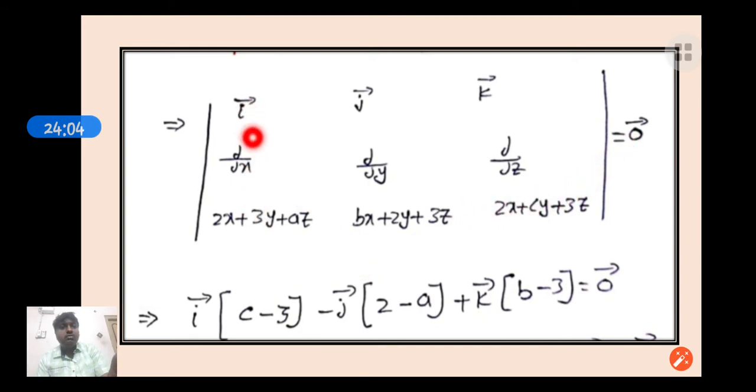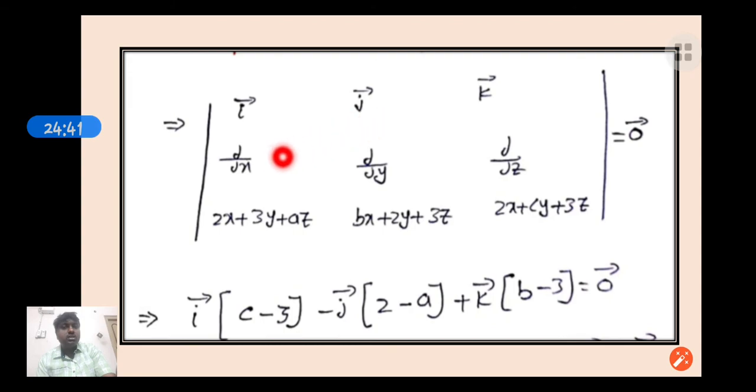For i bar, by deleting the first row and first column, I calculate the partial derivative dou by dou y of 2x plus cy plus 3z with respect to y, x constant, z constant, these two are 0, the derivative of cy is c only, minus dou by dou z of bx plus 2y plus 3z with respect to z, x constant, b constant, it is 0, y constant 0, the derivative of 3z is 3. The component is c minus 3.